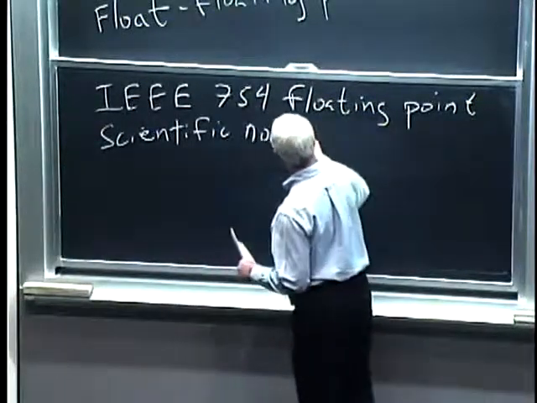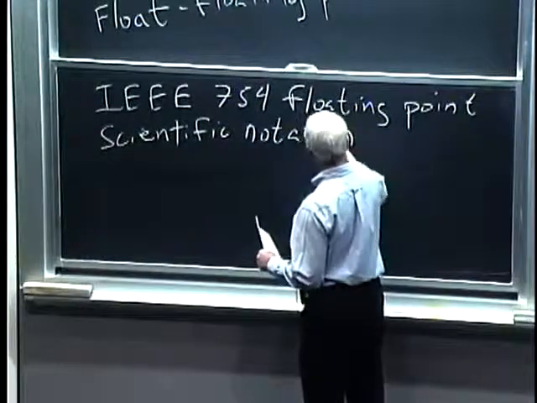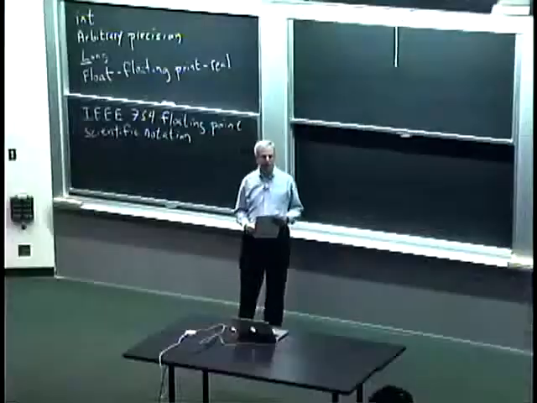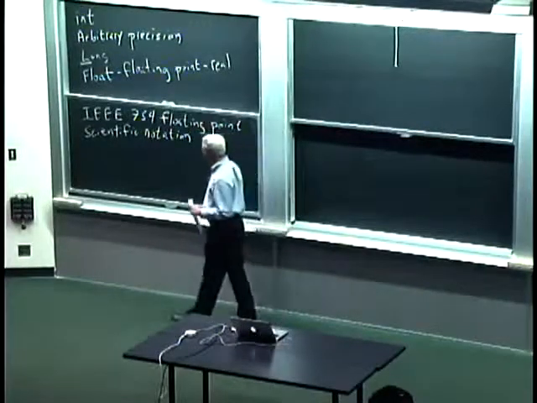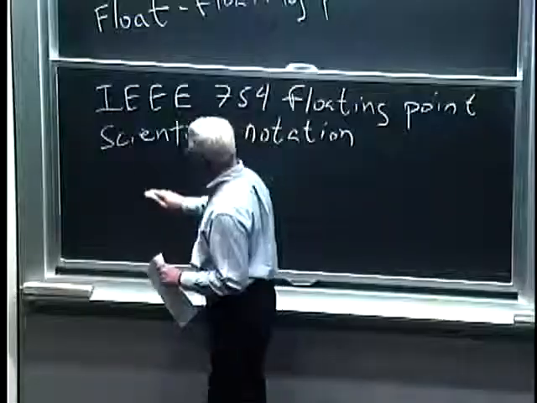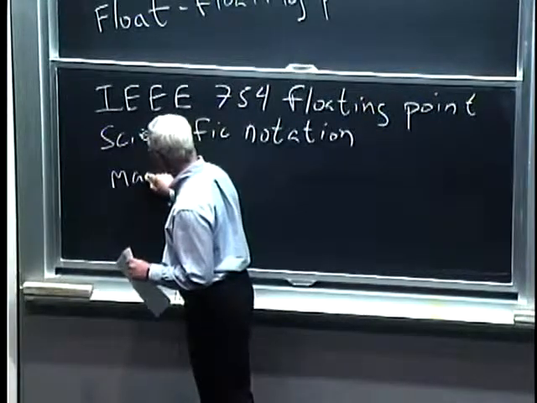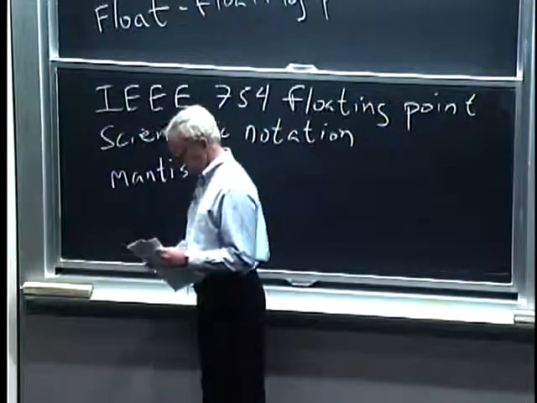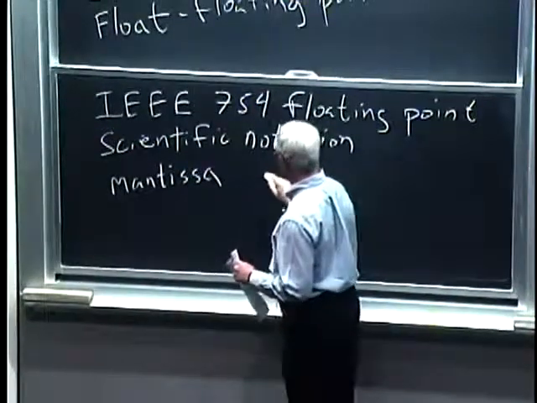Something you probably learned about in high school as a way to represent very large numbers. Typically, the way we do that is we represent the numbers in the form of a mantissa and an exponent.